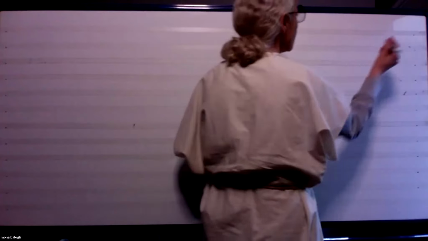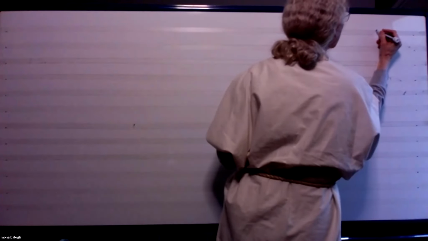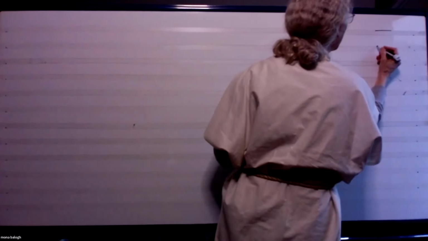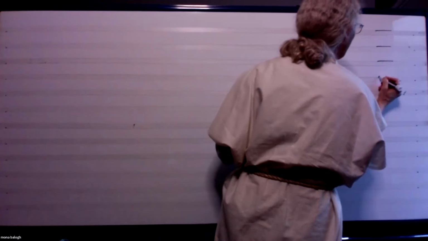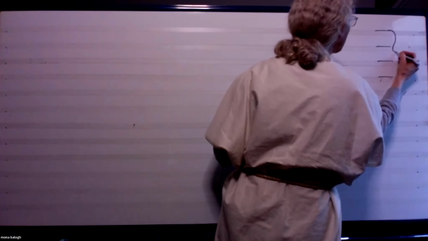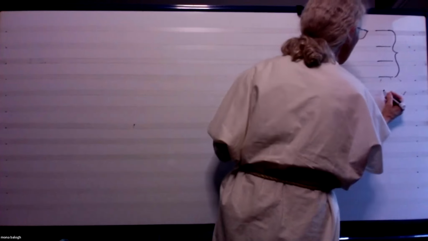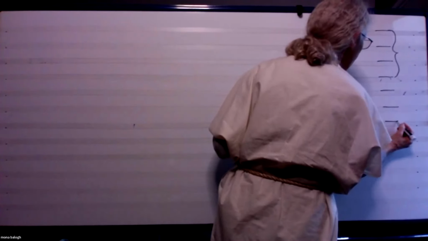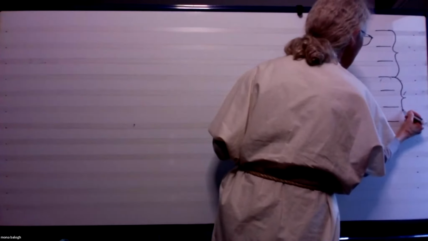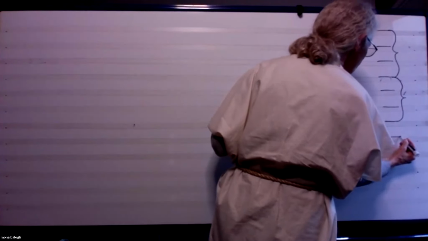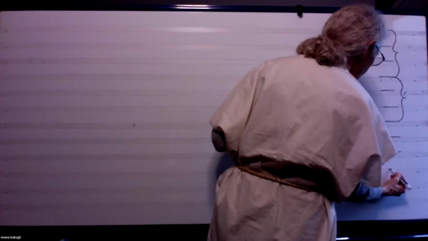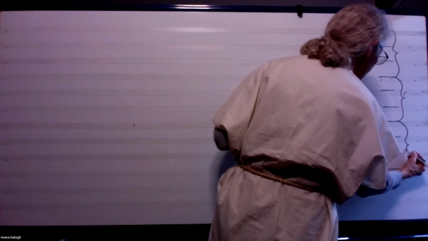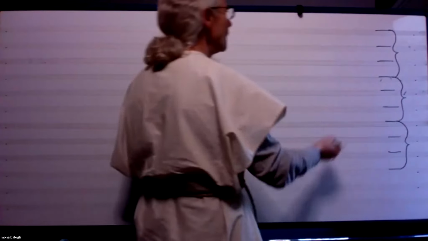All right, so let's do our 4 lines in your notebook. 1, 2, 3, 4. Bracket off 3 spaces. Now we're going to just keep going. 1, 2, 3, 4, and bracket 3 spaces. 1, 2, 3, 4. All right, so there we go.